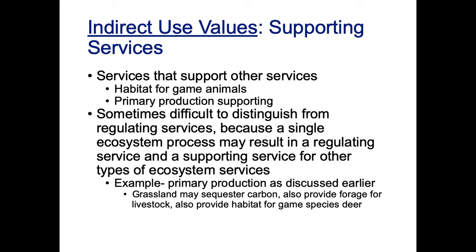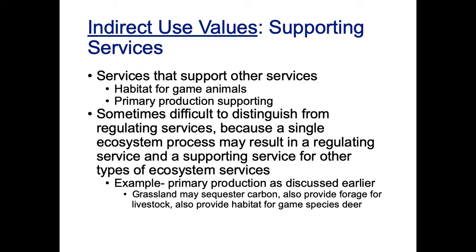Sometimes these are difficult to distinguish between regulating services because a single ecosystem process may result in a regulating service and a supporting service for other types of ecosystem service. So this can be confusing. An example here is that primary production can sequester carbon, but it can also provide forage for livestock and habitat for game species.